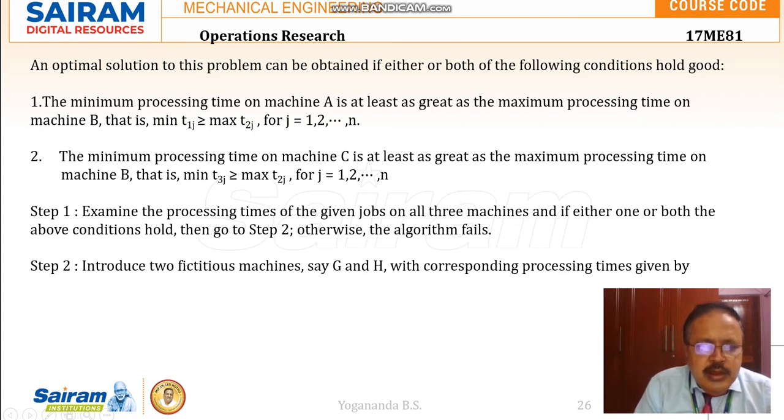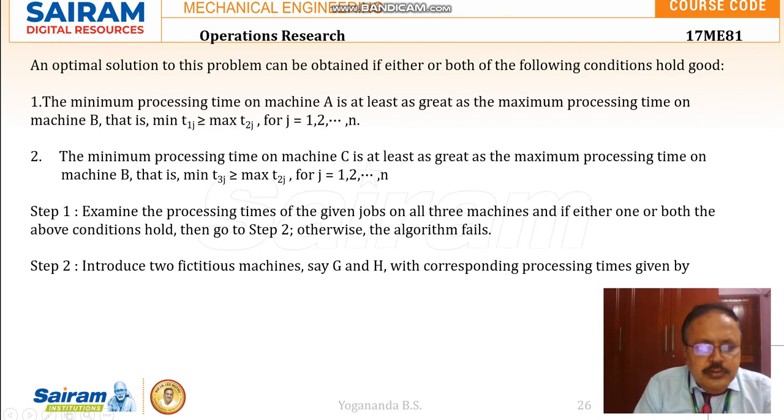Or the minimum processing time on machine C is at least as great as the maximum processing time on machine B, that is, minimum of T3j greater than or equal to maximum of T2j for j equal to 1 to n.